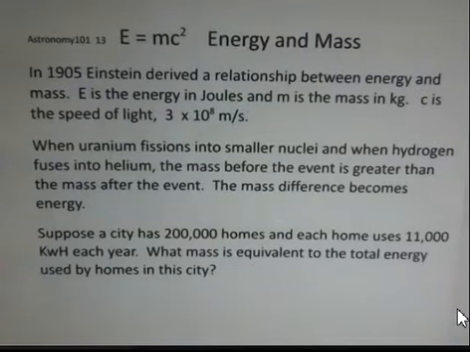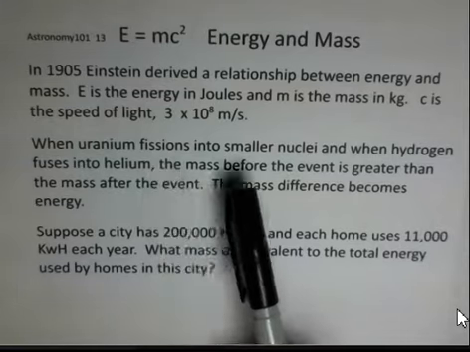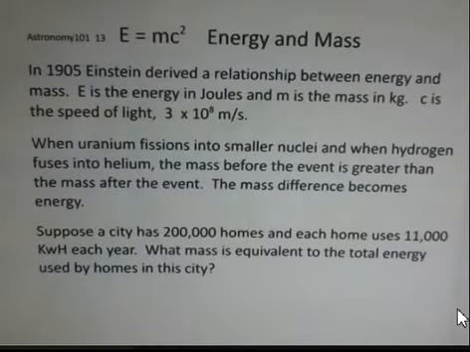So one way of producing electricity for consumption in homes might be a nuclear power plant. It turns out when uranium fissions into smaller nuclei, we get a release of energy.